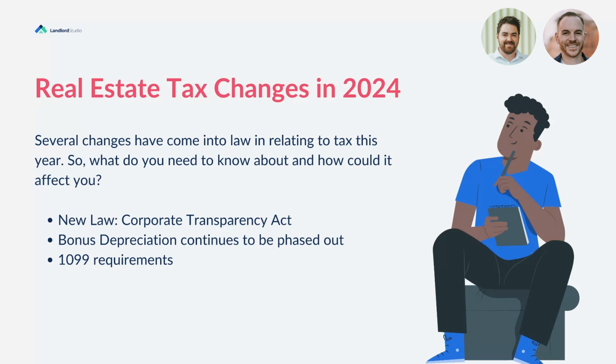As for the 1099-K, if you receive credit card transactions in excess of $20,000 or 200 transactions throughout the year, your credit card company will issue you a 1099-K, and that would just be reported, assuming you're a rental property investor, on Schedule E of your tax return.